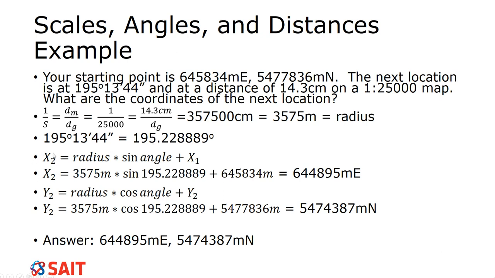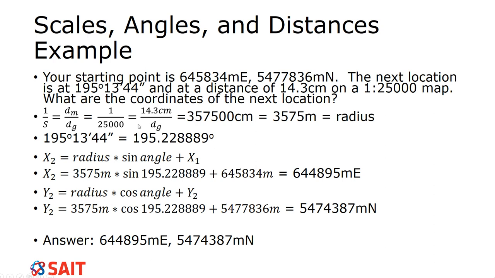I'm trying to find x2 because it's the coordinates of the next location. I take my radius, multiply it by the sine of the angle, and add the first x value to it, which is the one we're given. I put that in, and I find that my x2 is 644,895 meters.